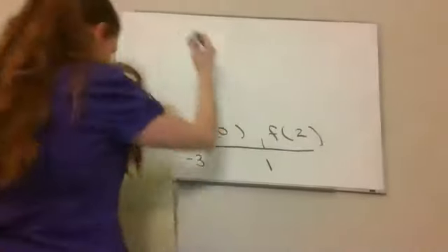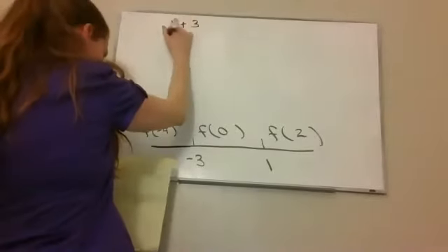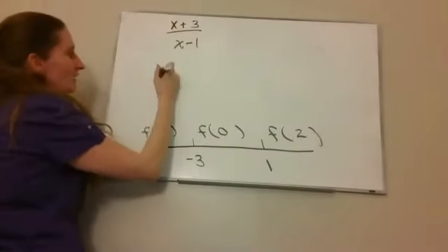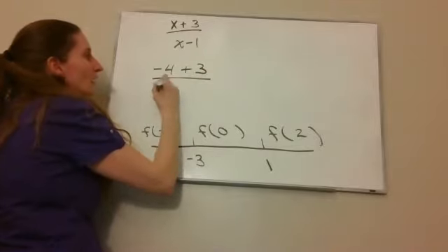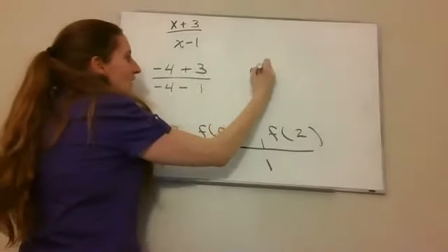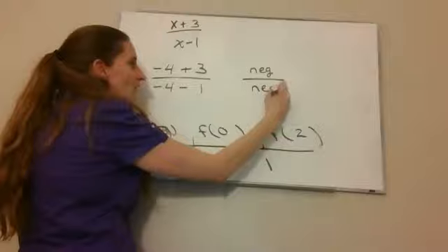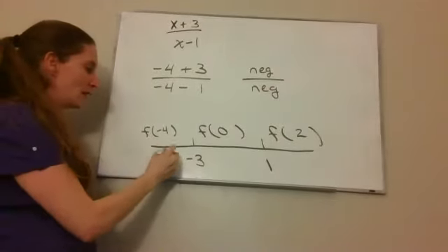So remember what we were using. We had x plus 3 over x minus 1. When I plug in -4, -4 plus 3 over -4 minus 1, my numerator is negative, and my denominator is also negative. A negative divided by a negative, positive.